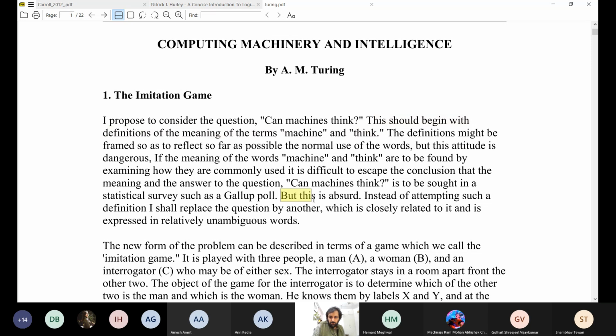And my question to you, which I'm going to come back to after a 3 or 4 minute break, is why is it absurd to look for the answer to the question, can machines think, by consulting a dictionary?